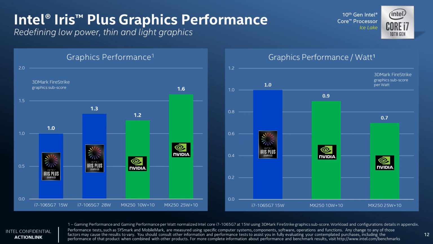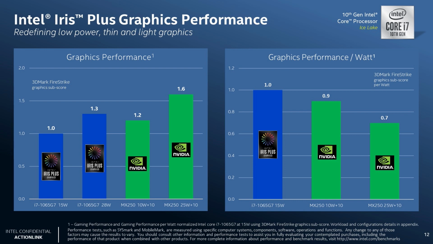What I'm showing here is the capability of Ice Lake. So Ice Lake is the 10th Gen U series part. Sorry, and if you look at the far left, here's our Core i7 Ice Lake part at 15 watts, and we're going to call that our baseline at 1.0, and this is using Firestrike as our graphics benchmark.